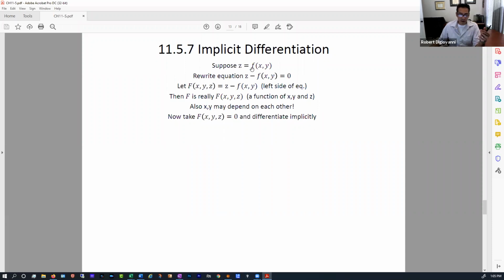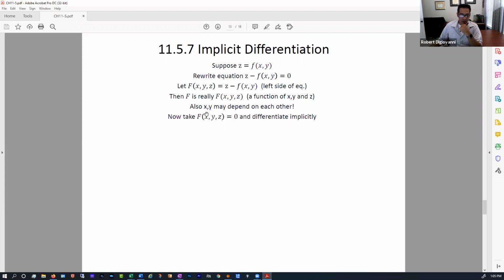Then if we move the function of x and y to the left-hand side, we get a new equation that's equal to 0. We define capital F of x, y, z to be the left side of this equation. In an example, the left-hand side expression has x and y in it, and this expression has z, so you can look at the entire left side as some new function of x, y, and z.